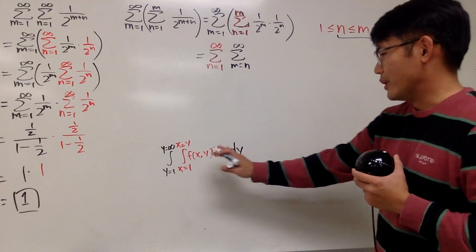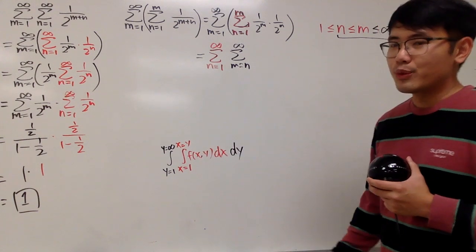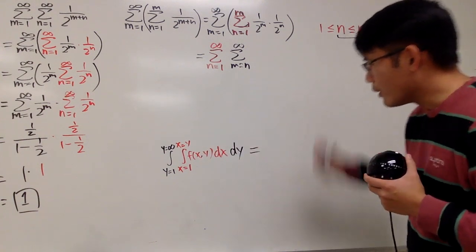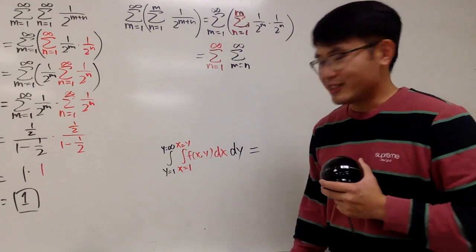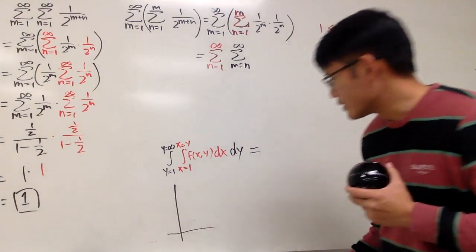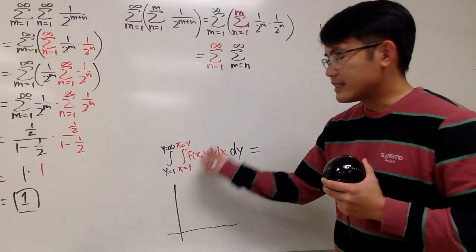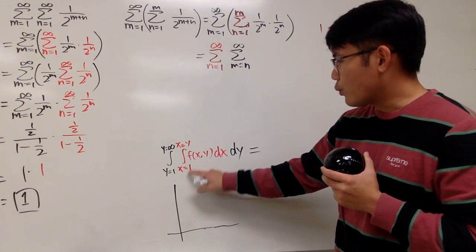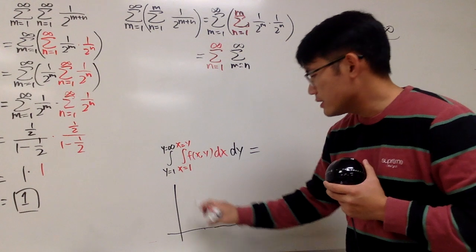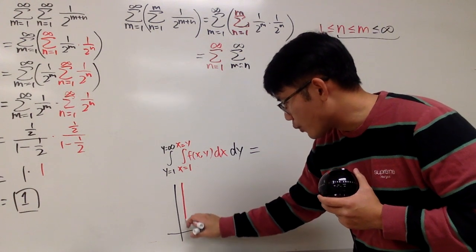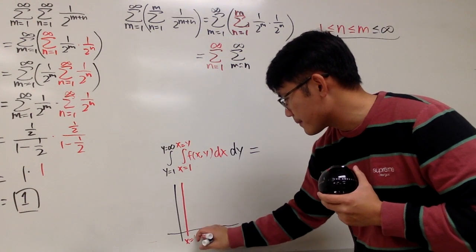Now, how can we change the order of this double integral though? Let's draw some pictures. Of course, we have the x and y plane right here. Let's look at it inside out. x goes from 1 to y. What that means is, of course, this is when x is equal to 1. It's just a vertical line.